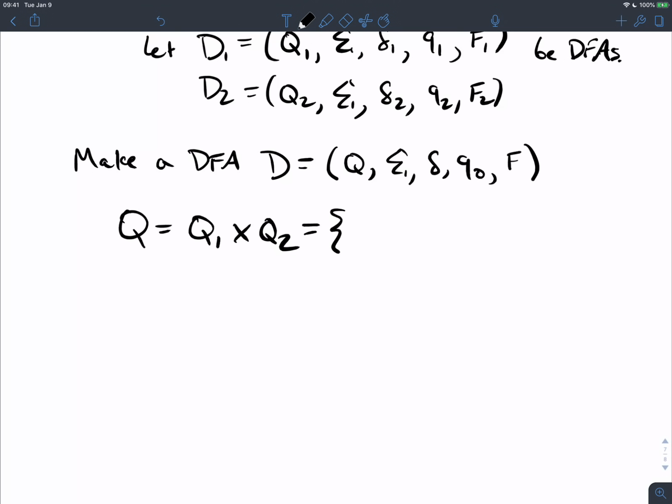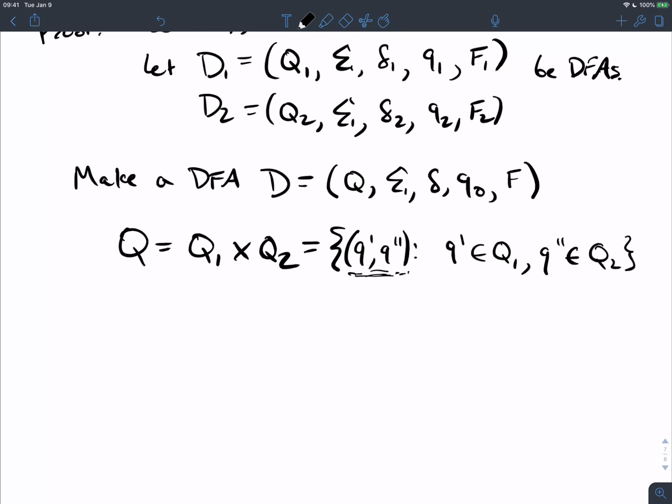It's a set where I have some Q prime, a state in the first machine, and Q double prime, a state in the second machine. What are the types of things that live in this set? Because it's a cross product. Ordered pairs, right? So it's an ordered pair, Q prime with Q double prime. That's important for the rest of the definition to make sense.